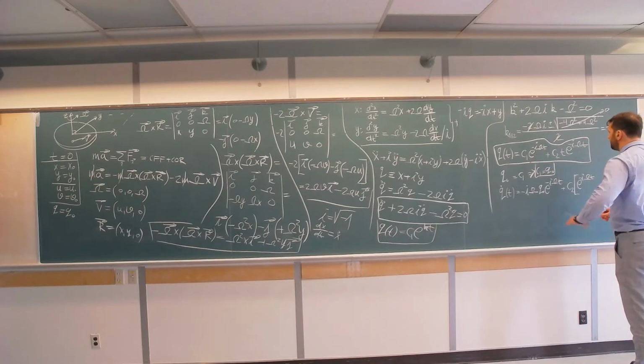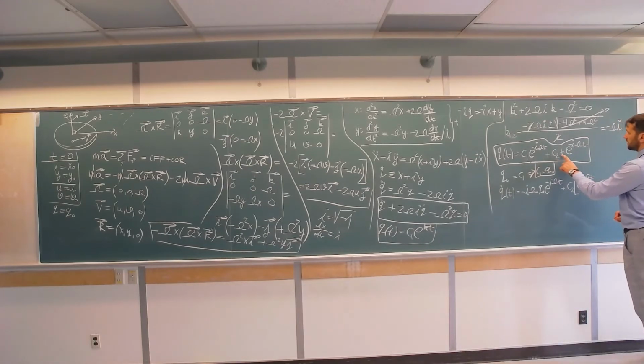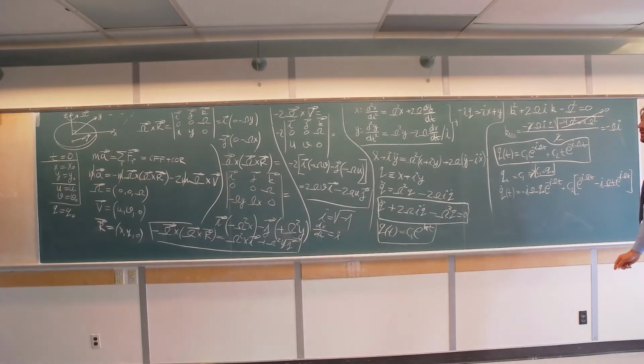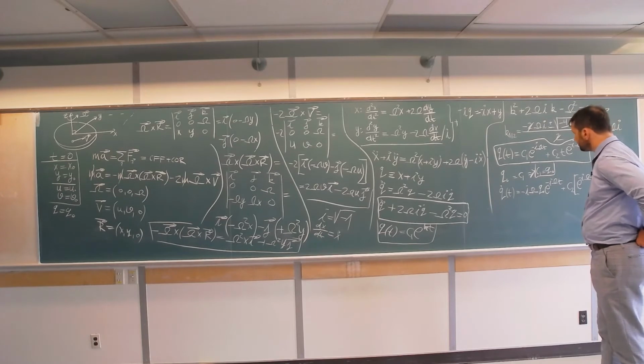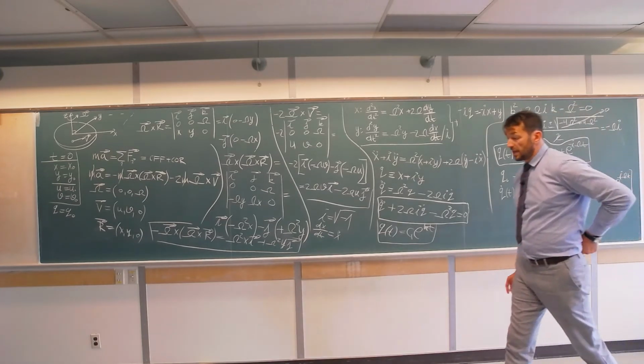And then plus, I keep this one, I differentiate this one, but it will be minus, because of this minus, I omega t e to minus I omega t. Okay?